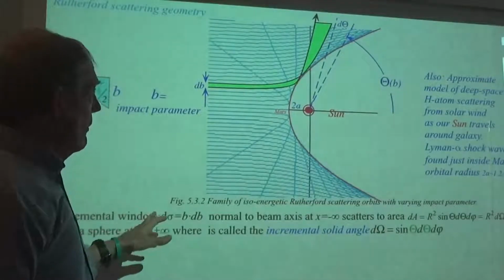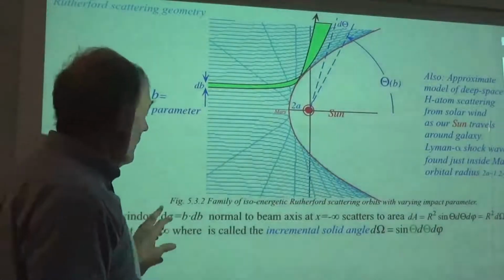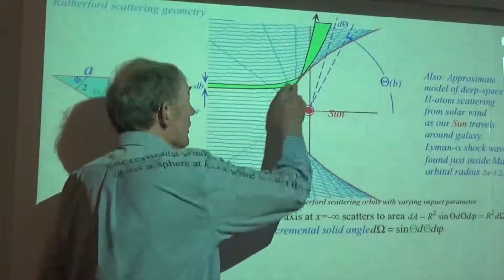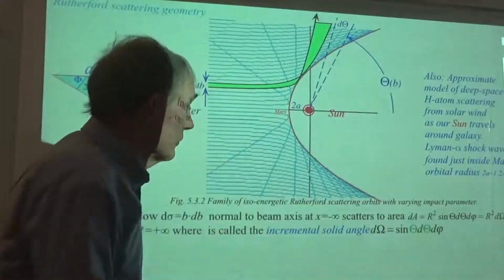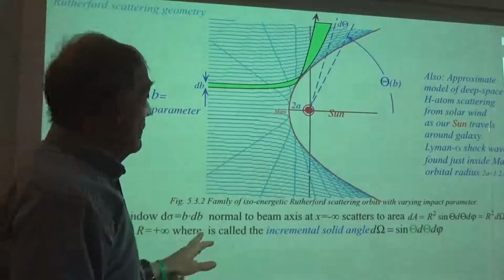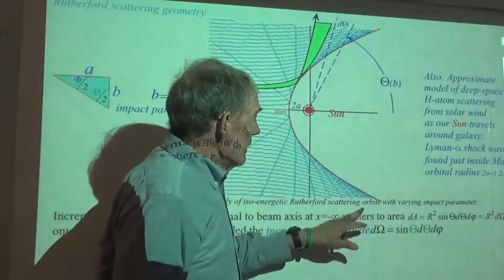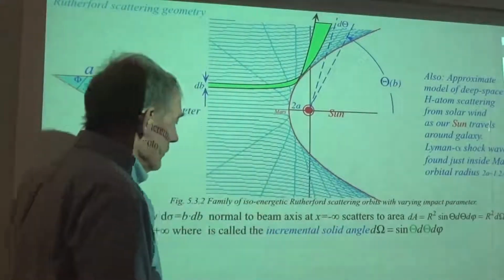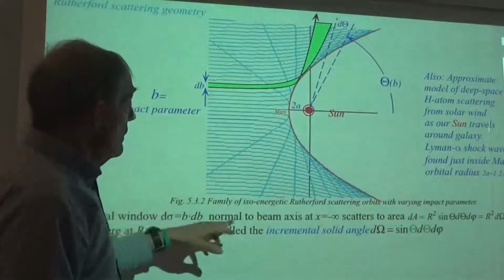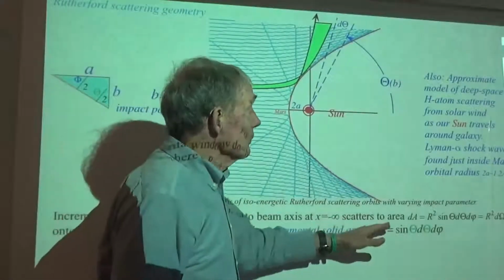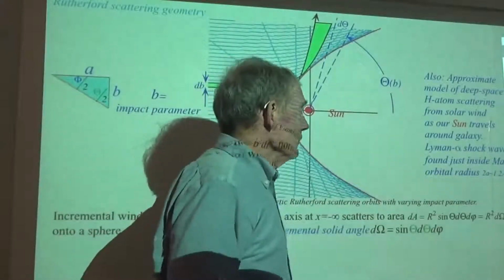But in the meantime, all we're going to do is count. Everything that comes in here has to come out there, so we're going to figure out what happens as something comes in from x equal minus infinity and then goes out to r equal infinity.